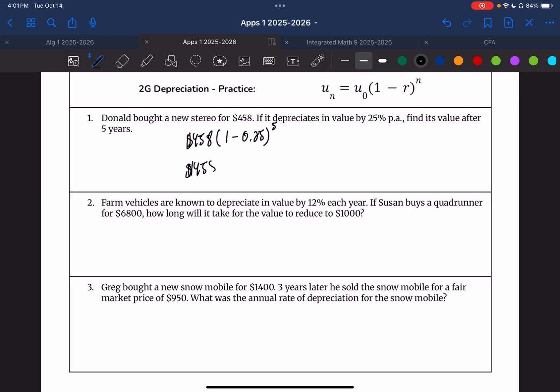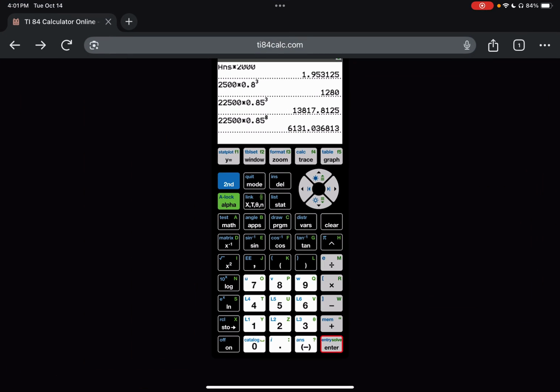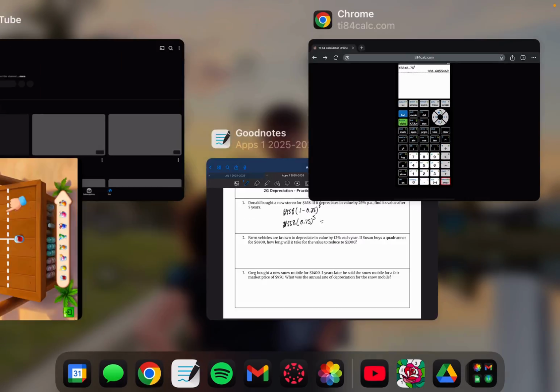It's going to be 458 times 0.75 to the 5th power. So if we do 458 times 0.75 to the 5th power, we get $108.69.